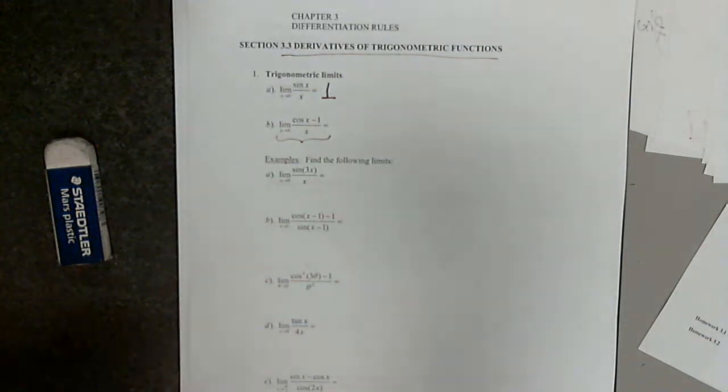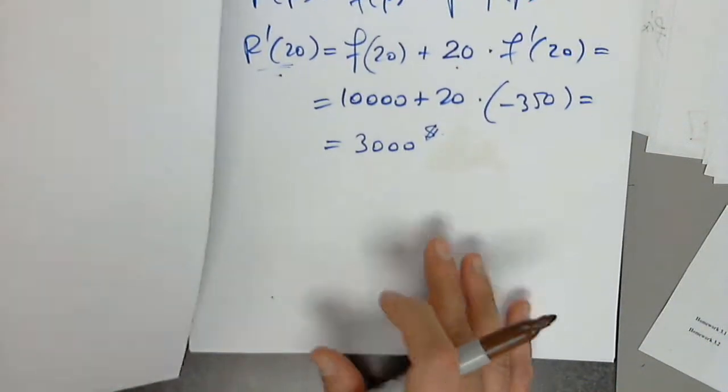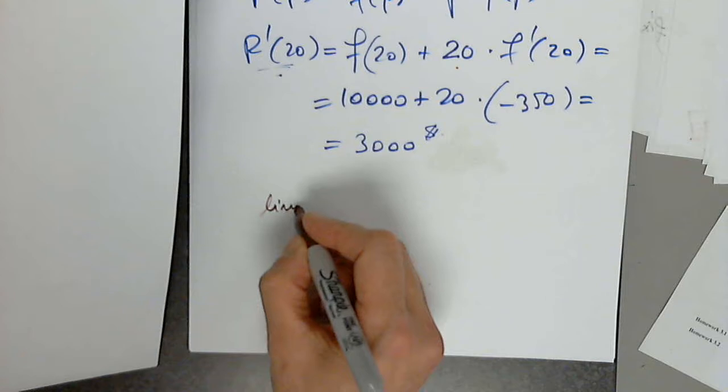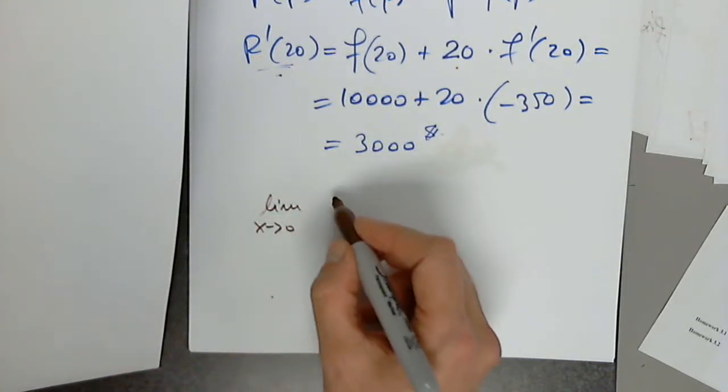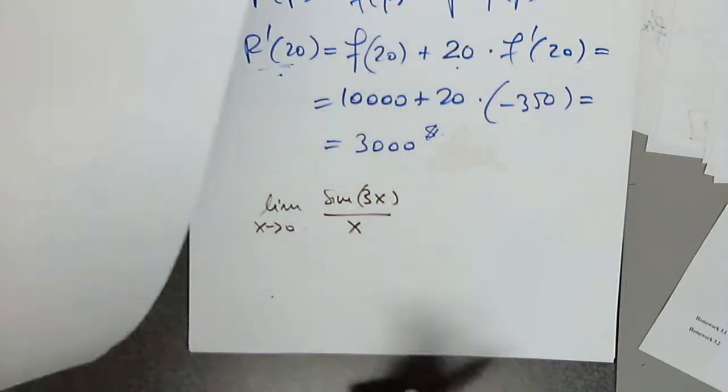Good. So now we also know this, and I'd like to go through some of the limits here. We covered many of those in the handout, but let's go back. Limit as x approaches 0, sine 3x divided by x.